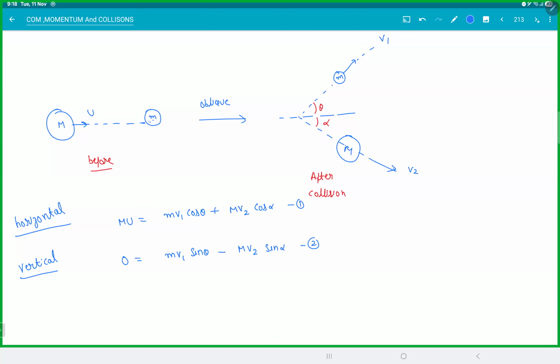right? So here what we can do, we can square them and add them. If you square them, then you get what? This would be m square u square. We need to actually eliminate alpha. I don't want alpha because you want to find theta, right? So let's do that.